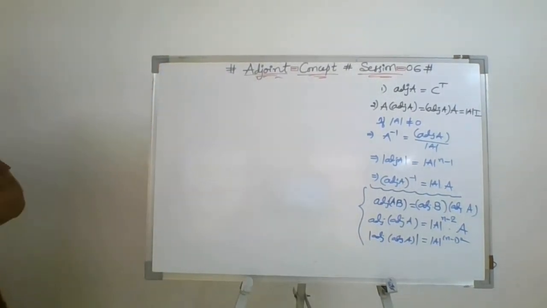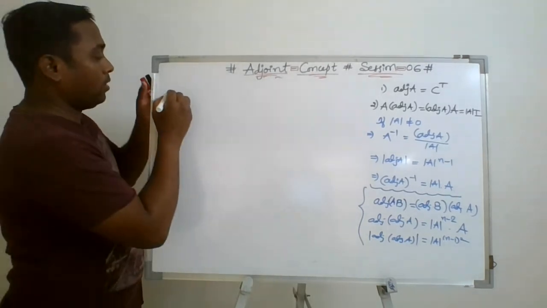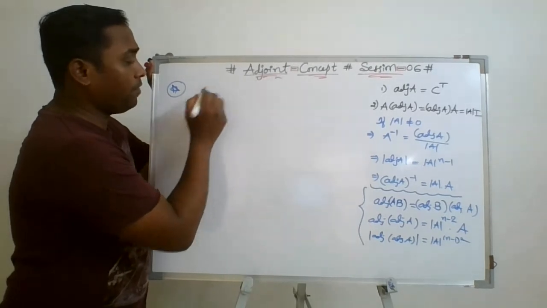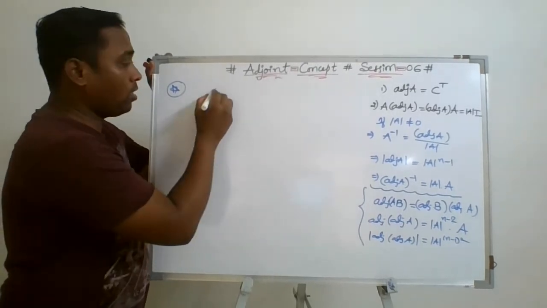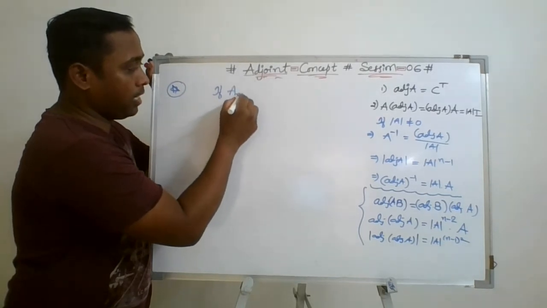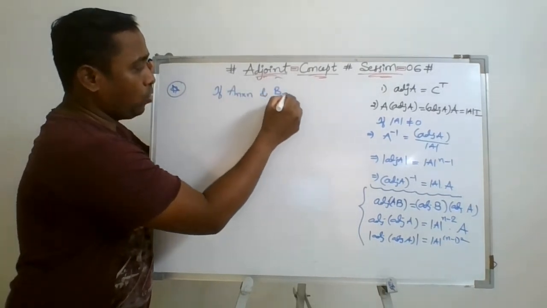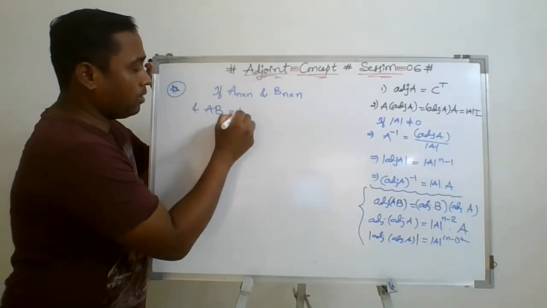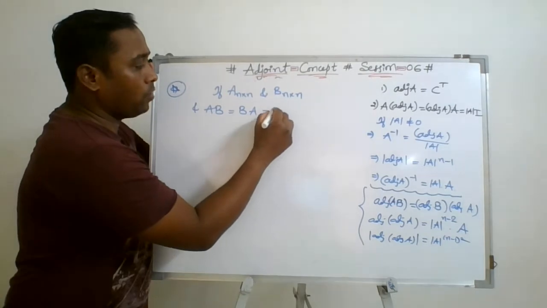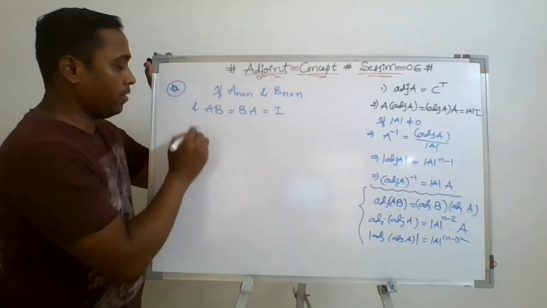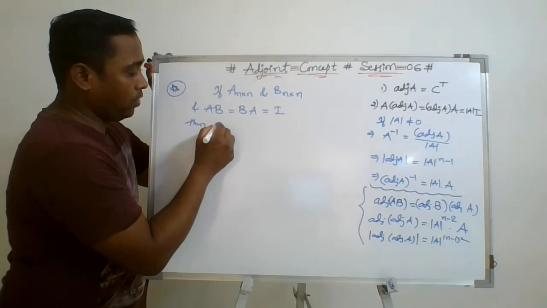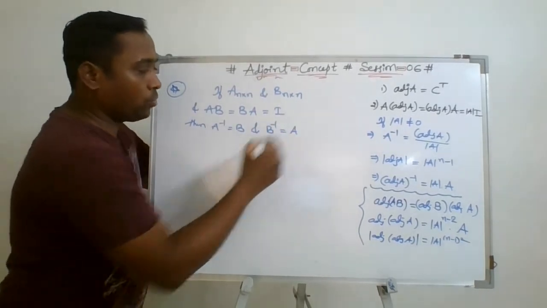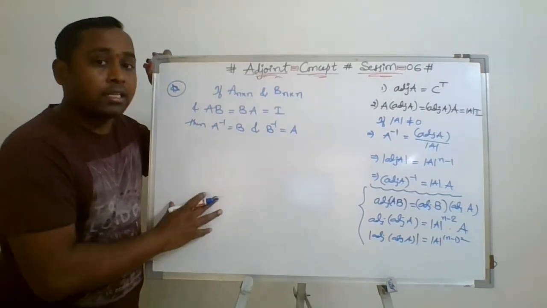Now, one important concept we are going to see again as a subpart. As we know, if A and B are square matrices of order n by n, A is of order n by n and B also has the same order, and the product AB is equal to BA is equal to I, then we call the inverse of A equal to B and the inverse of B equal to A. So why am I repeating the same?